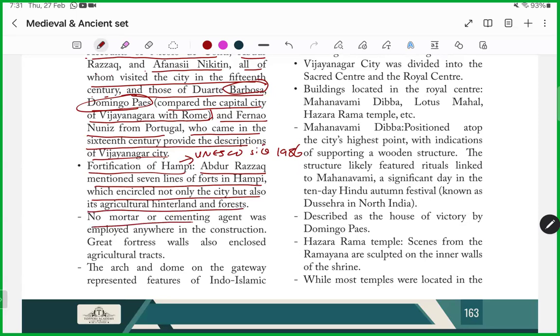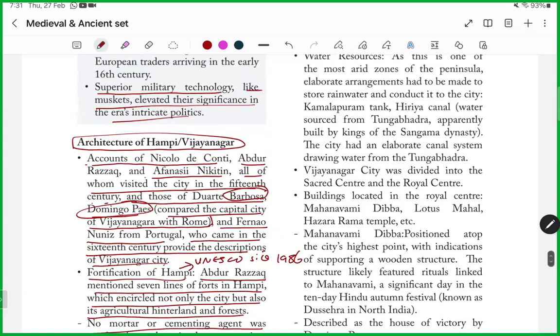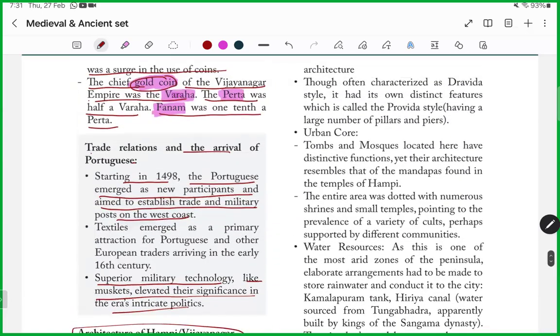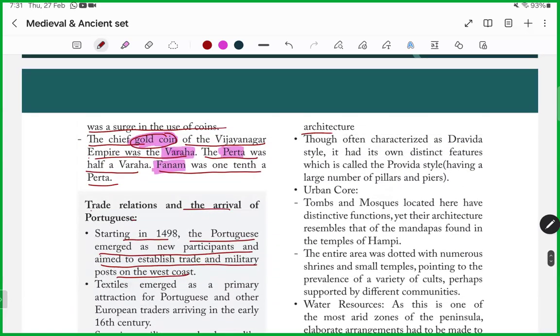No mortar or cementing agent was employed anywhere in the construction. Great fortress walls also enclosed agricultural tracts. Now, the arch and the dome on the gateway represented features of Indo-Islamic architecture. They also had the influence of Delhi Sultanate architecture.